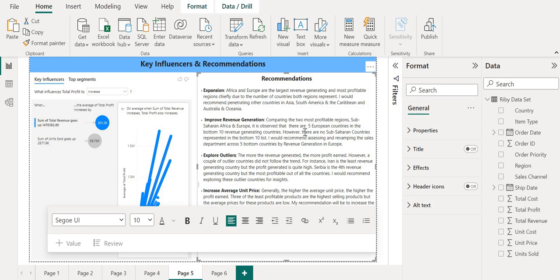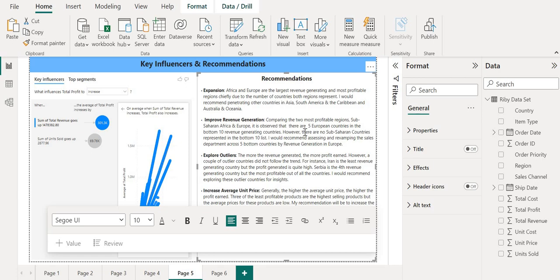So it tells you that Sub-Saharan Africa really seems to be doing very, very well. So for me, I'd like to explore what it is that Sub-Saharan Africa is doing well that they have no country represented in the bottom 10, compared to Europe, where they are also one of the top revenue generating regions. However, 5 of those countries in Europe are in the bottom 10.